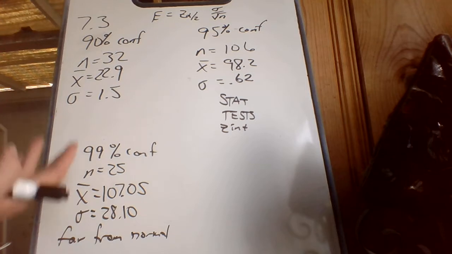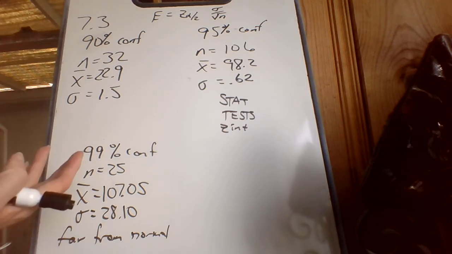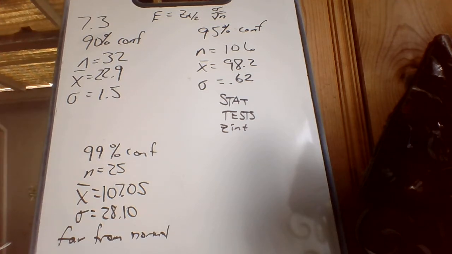So you usually end up using your own Sx that you got when you did one variable stats instead of using sigma, because you never know that. All right. Anyway, it told me that in the problem. X bar, 22.9. And n is 32. And C-level, 0.90.